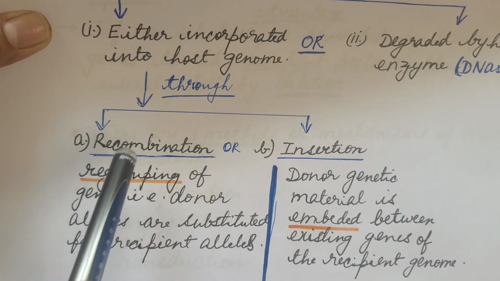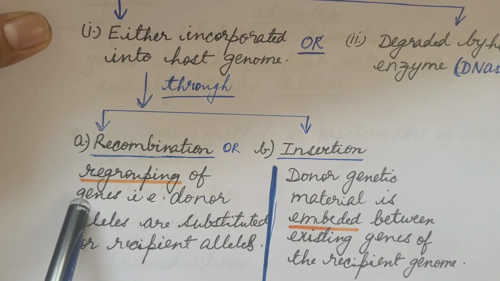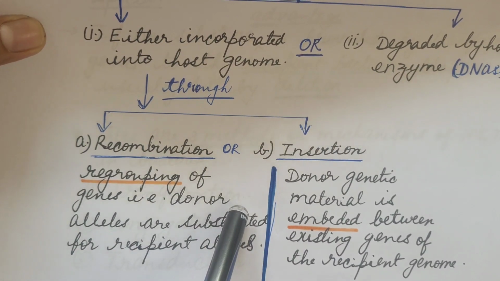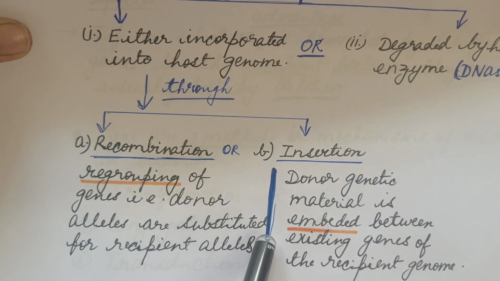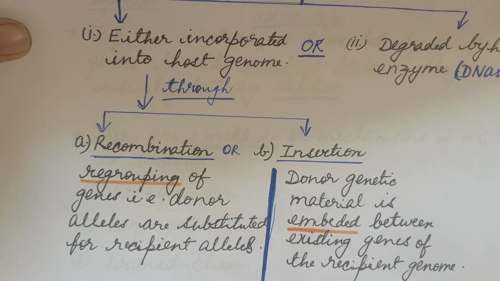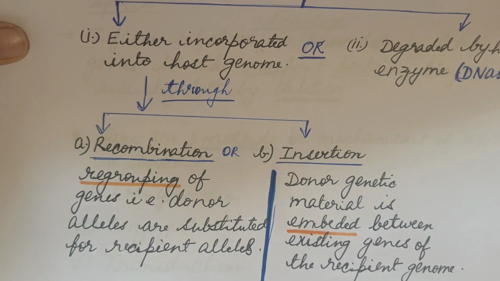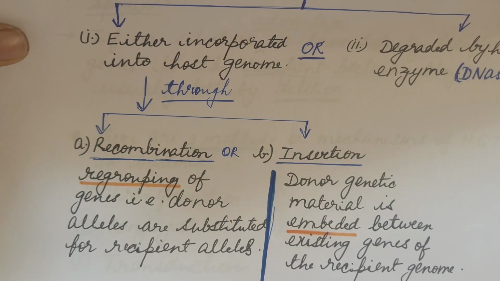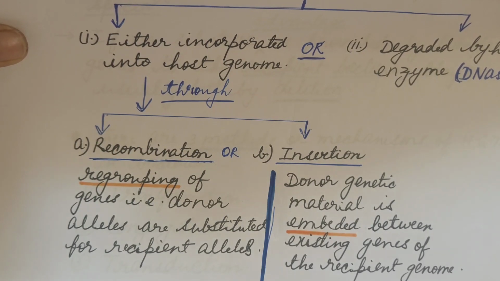So what is recombination? It is regrouping of genes, that is donor alleles are substituted for recipient alleles. And it occurs when donor DNA segment and recipient DNA segment are homologous. This is possible when donor and recipient are of same species or closely related species.